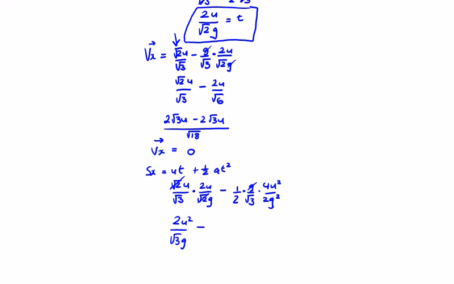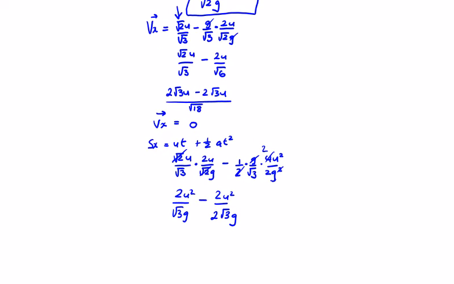minus 2u squared over 2 root 3g. Both over 2 root 3g.